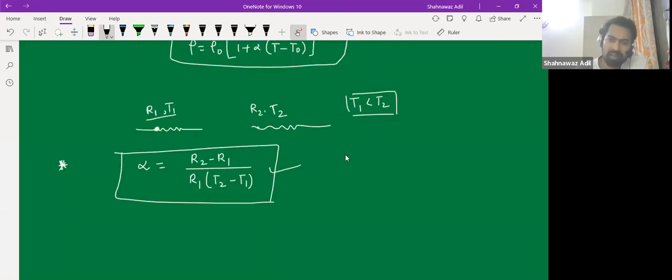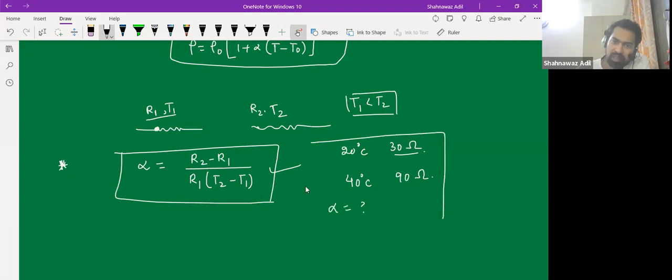Let's say you have a resistance which is at 20 degrees C, the resistance of a wire is 30 ohm, right? Now you are saying that at 40 degrees C, the resistance has become 90, right? Then you want to find out what is this temperature coefficient. Then you will use this part. Is this clear?